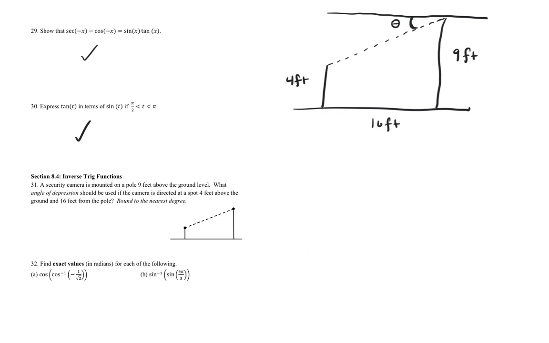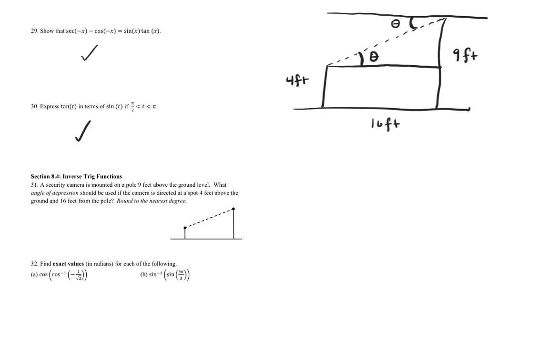Okay, so maybe I can create another little triangle right here in the center of the picture, and I know that this angle theta, the angle of depression, is going to be the same as this angle theta. Okay, I can add more to my triangle.